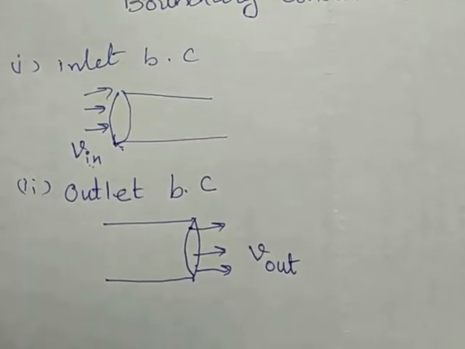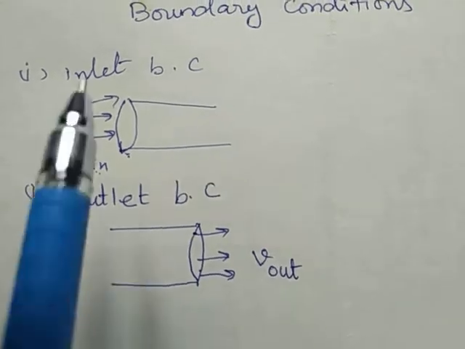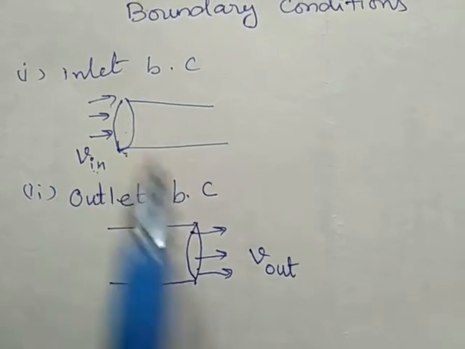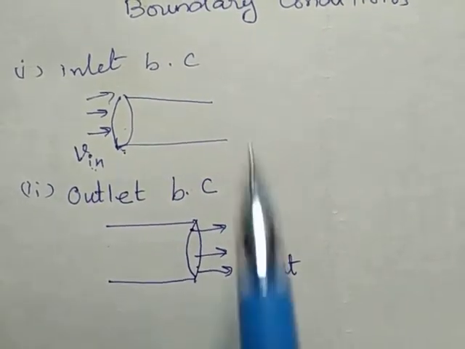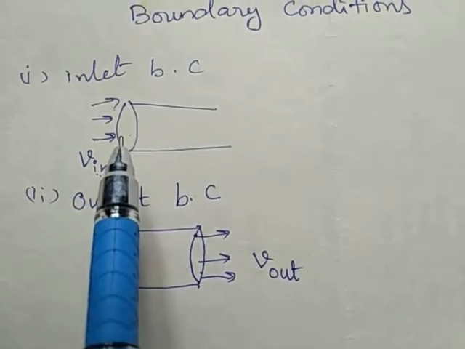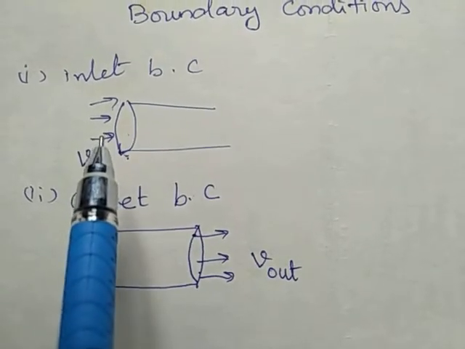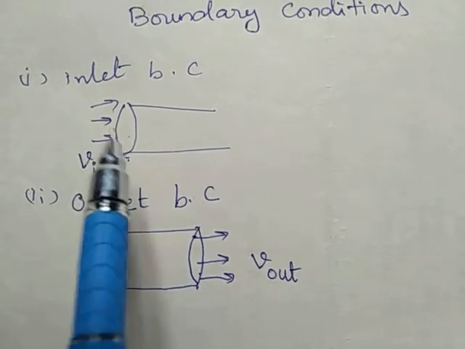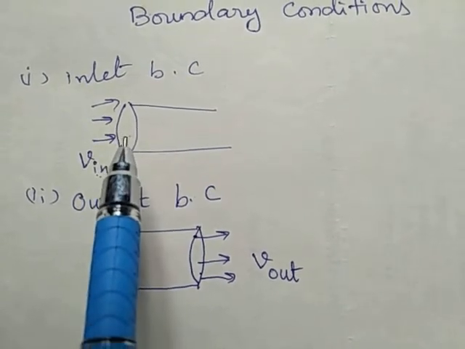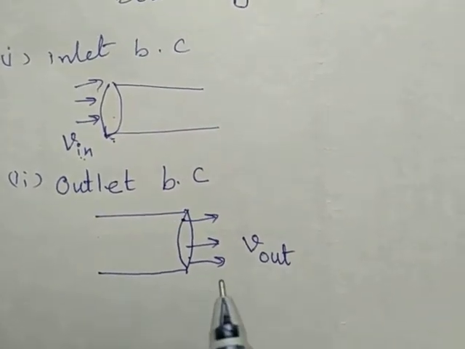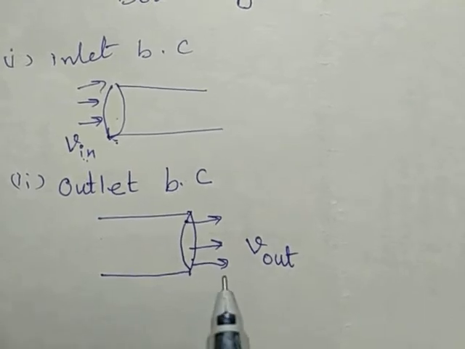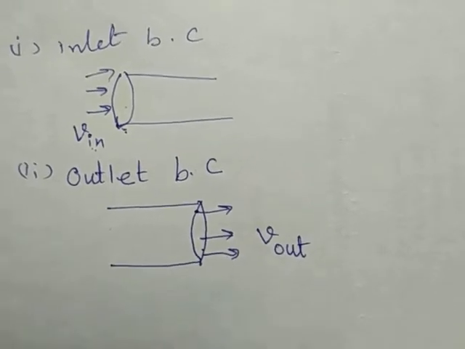So whenever we consider a fluid flow, it will have an inlet and an outlet. If we define flow characteristics at the inlet, it is known as inlet boundary condition. If we define them at the outlet, then it is known as outlet boundary condition.